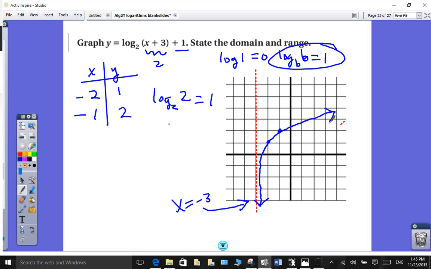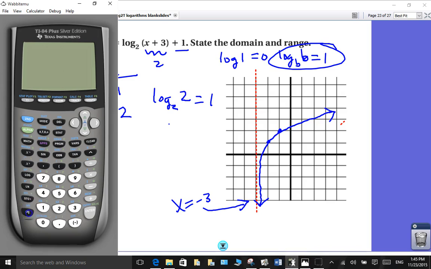You can go to y equals and put it all in there. Right, that's my calculator doing it there. Are you getting something similar?